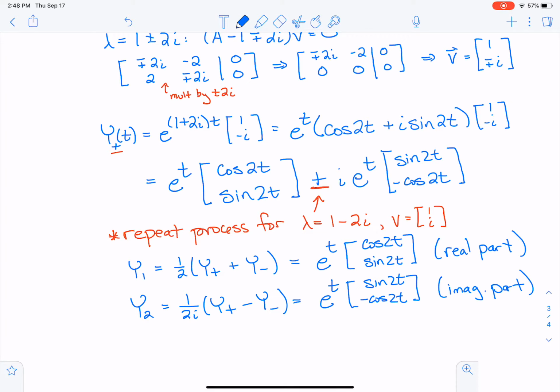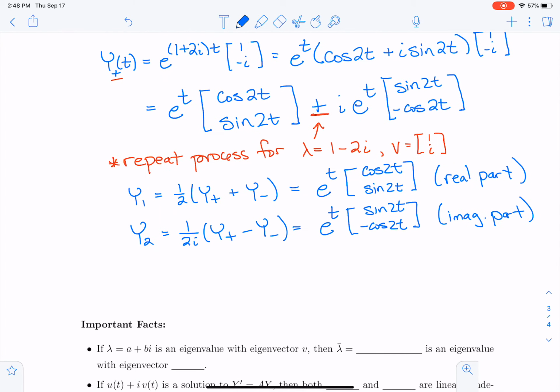And so I'll get two real solutions. And these two real solutions are linearly independent. You can use the Wronskian to show that, and I encourage you to do it. y1 and y2 are going to be linearly independent.